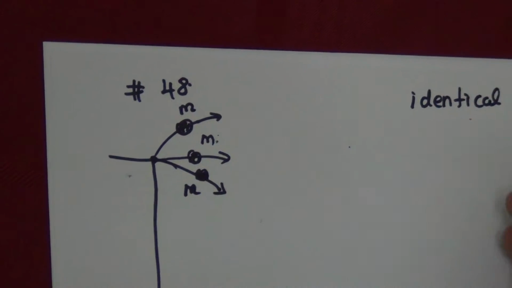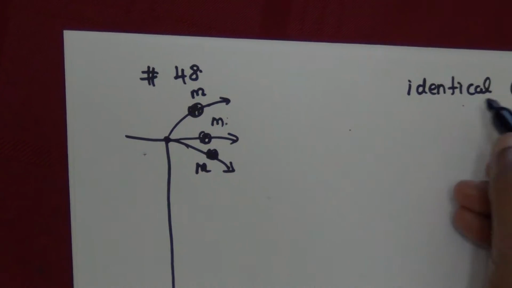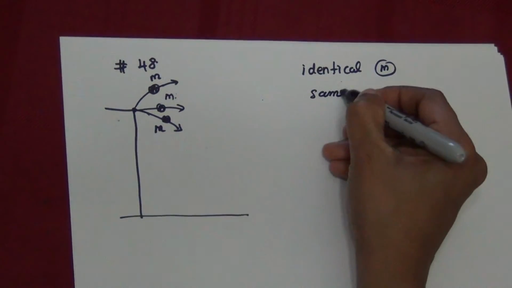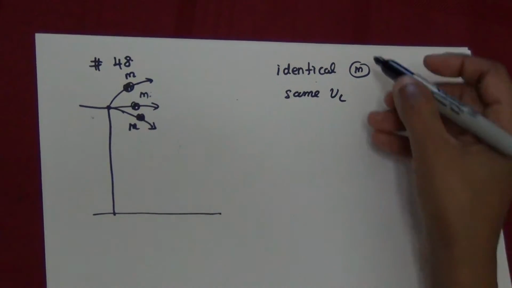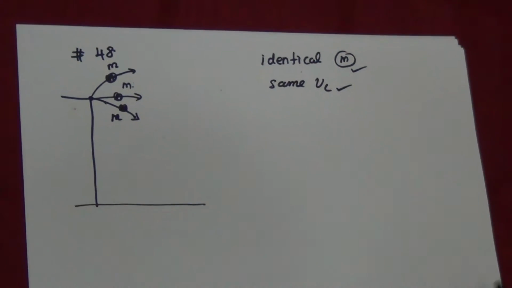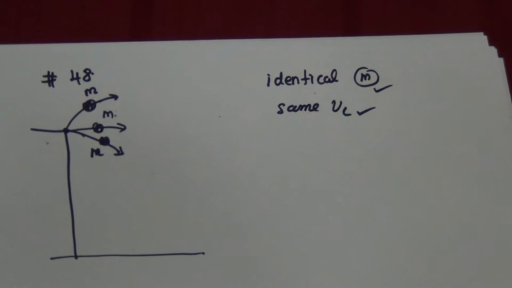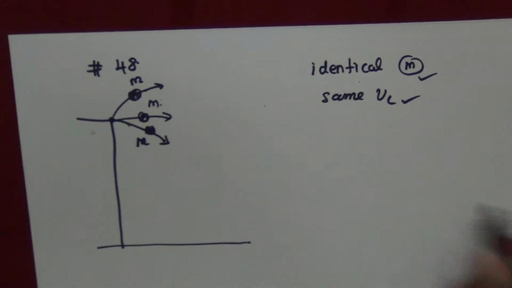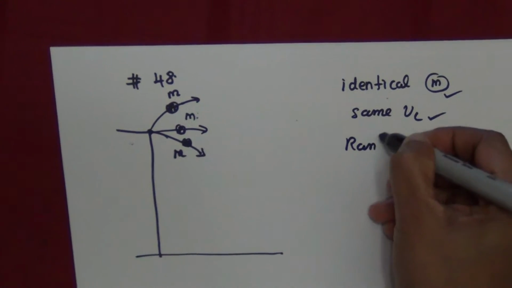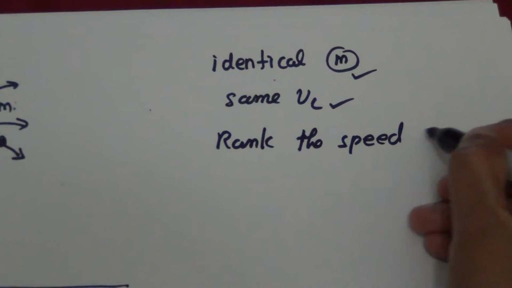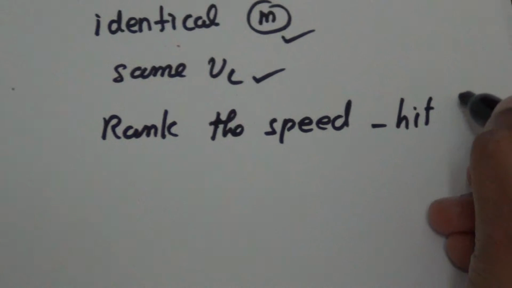Another condition is they are all thrown with the same initial velocity. So same mass, same initial velocity. The question is: rank the speeds while they hit the ground.